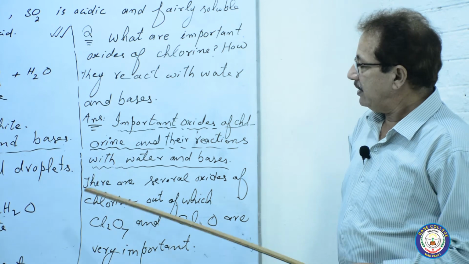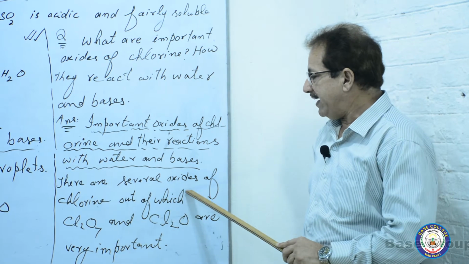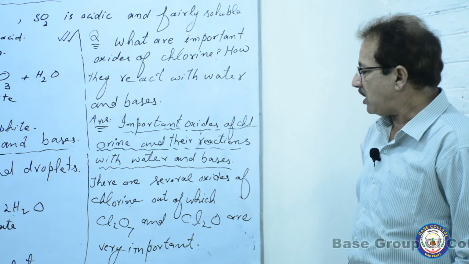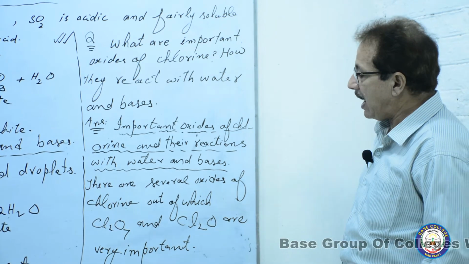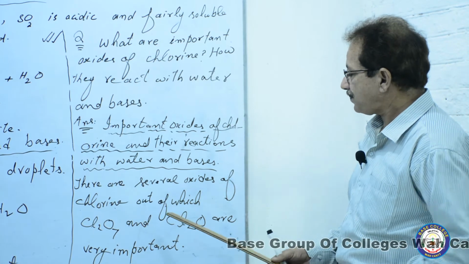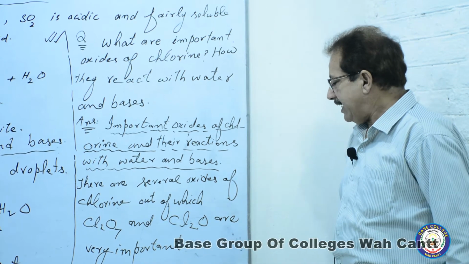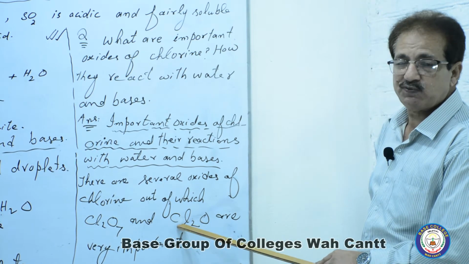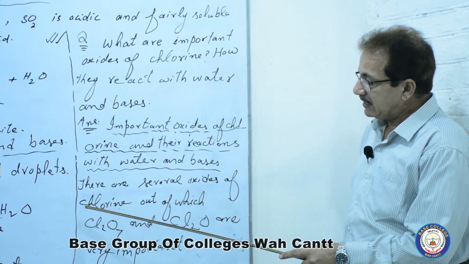Once again, there are several oxides of chlorine, out of which Cl2O7, dichlorine heptoxide, has the highest oxidation state of Cl, that is +7, and Cl2O, dichlorine monoxide, where the oxidation state of Cl is +1.